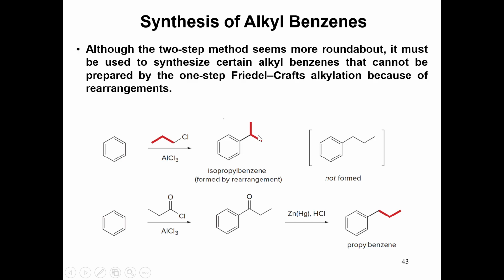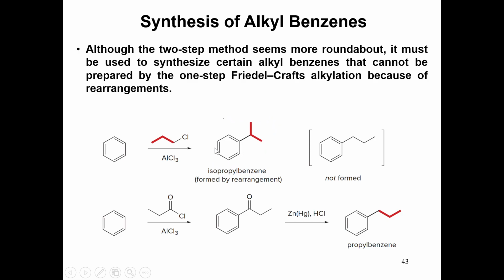Unfortunately, this would be the final product, but you're not going to get this product because of the carbon cation rearrangement reaction. We discussed the details in the first lecture of this chapter.